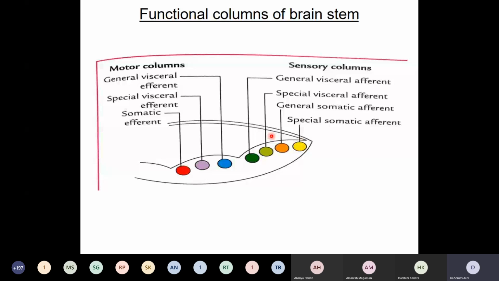There are 7 functional columns in the brain stem. 3 in the basal lamina which are motor or efferent. 4 in the alar lamina which are sensory or afferent. Then visceral components are nearer to the sulcus limitans. In that, specifically, general visceral components are nearer to the sulcus limitans than the special visceral components.